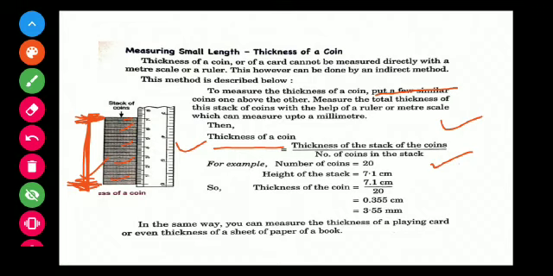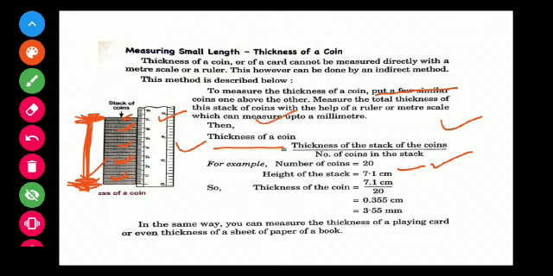Suppose there are 20 coins in the stack, so the number of coins is 20. What is the height of the stack? Let the height of the stack be 7.1 centimeter. This is the height of the stack, that is, the thickness of the stack.